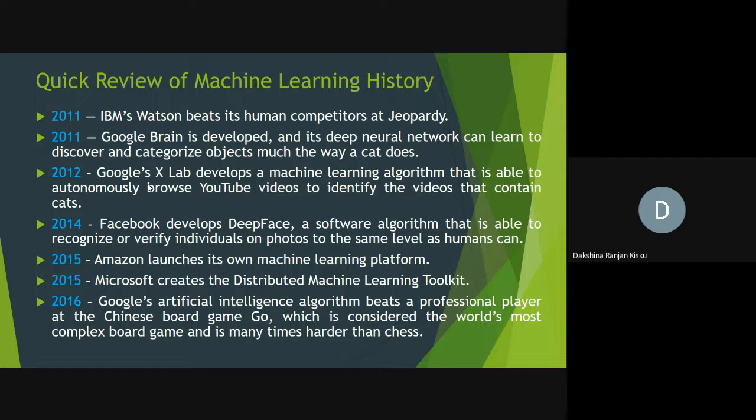Okay, in the year 2016, Google's artificial intelligence algorithm beats a professional player at the Chinese board game Go. Okay, so this was considered the world's most complex board game and many times harder than chess. So this is the history of machine learning theory or machine learning algorithms.